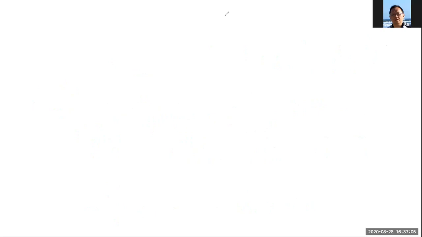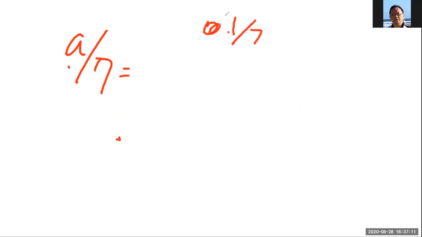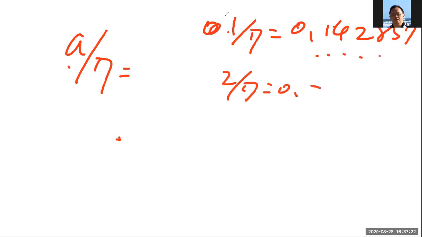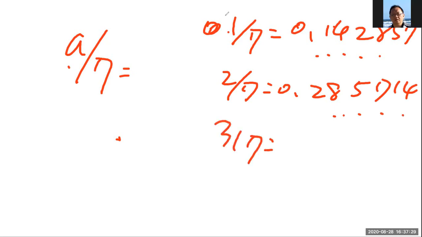So you have a divided by 7. 1 divided by 7 is 0.142, blah blah blah, continue. 2 divided by 7 would be 0.285714, blah blah blah. 3 divided by 7 would be 0.428571, continue.